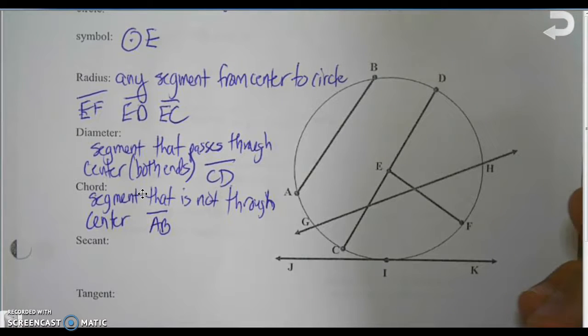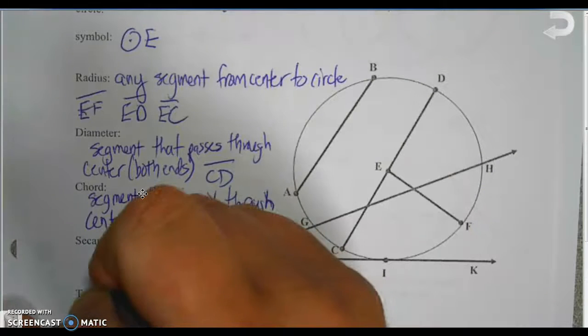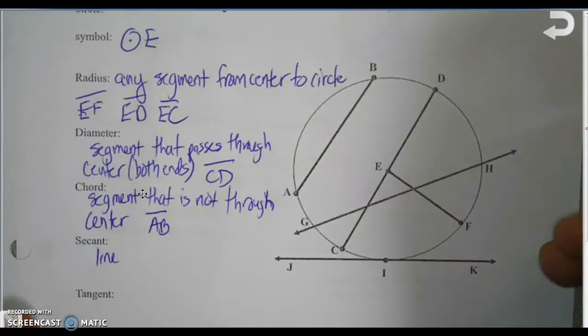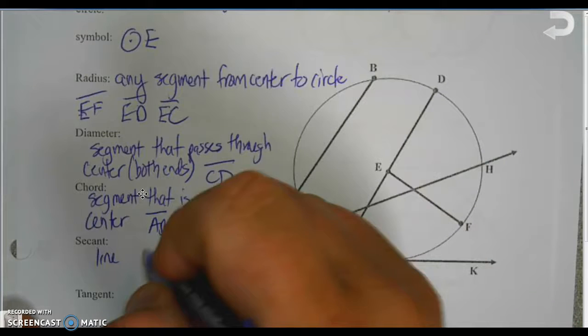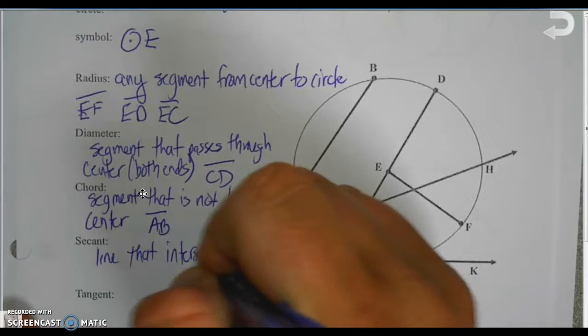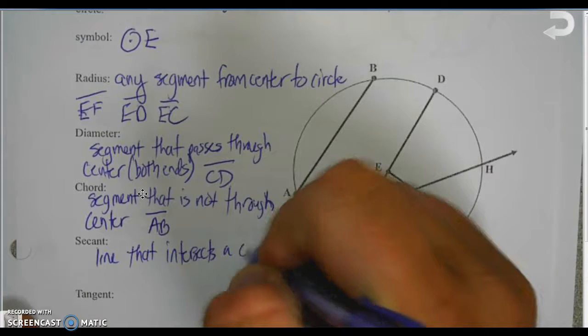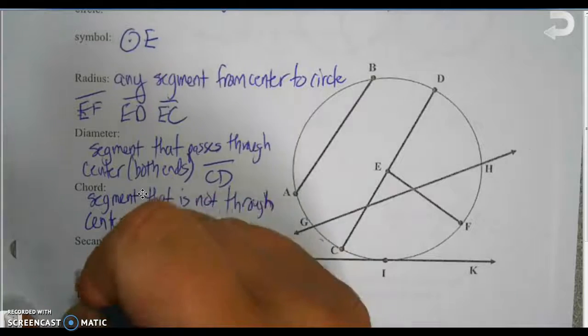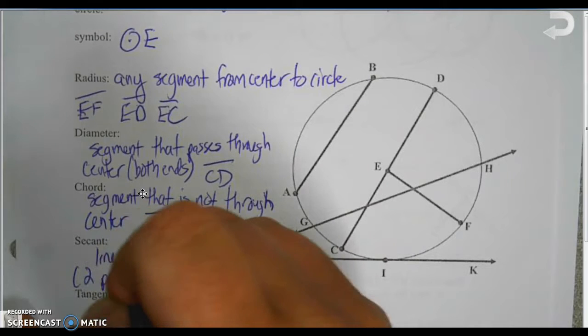A secant is a line that intersects a circle, but for a secant, it must intersect it at 2 points.